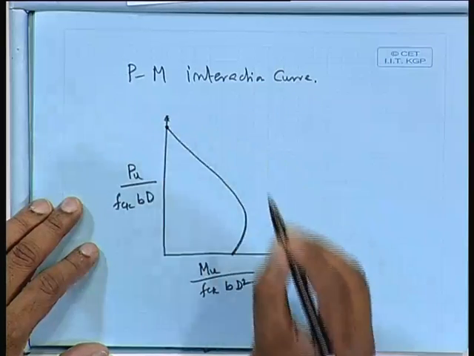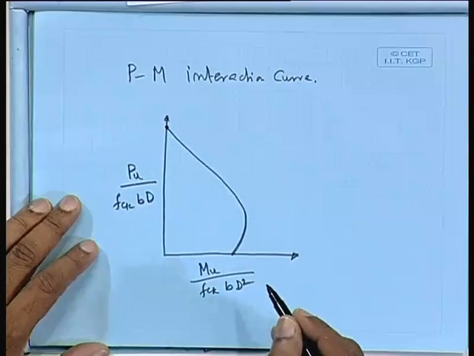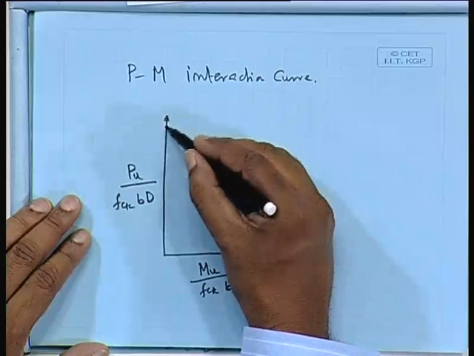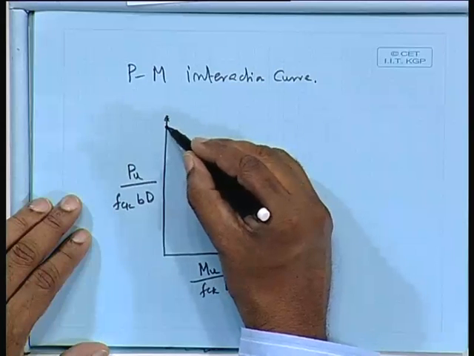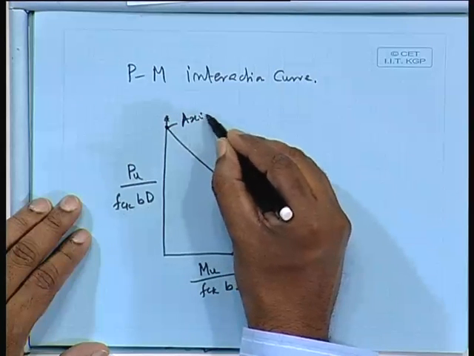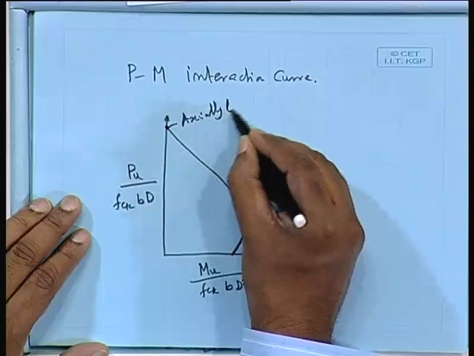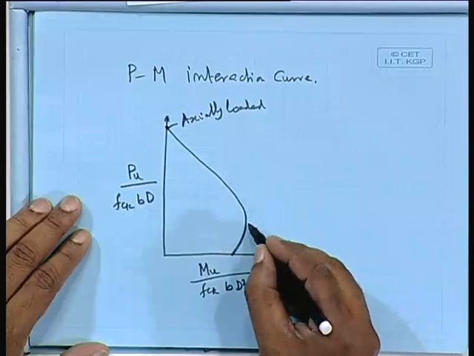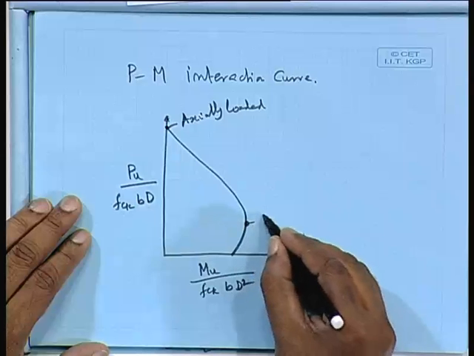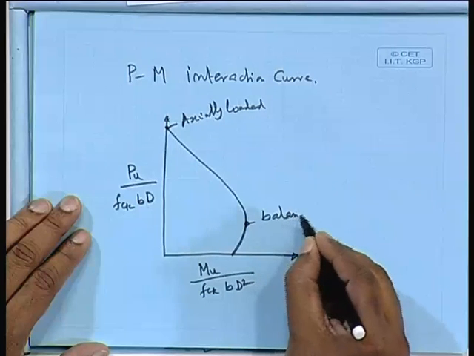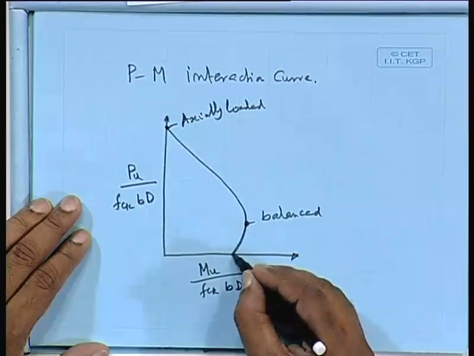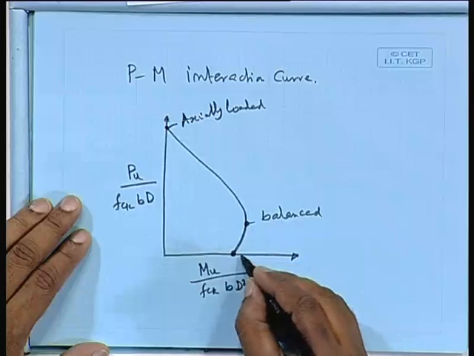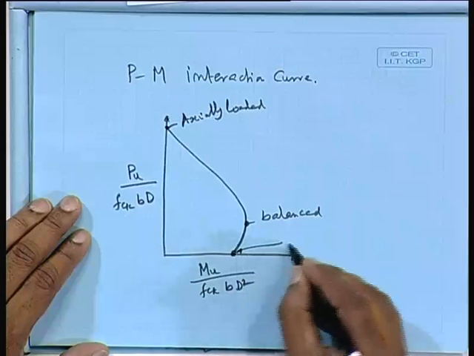What about this point? Because there are a few salient points. This point is axially loaded. There is a certain point here that is balanced. This point has no axial load.